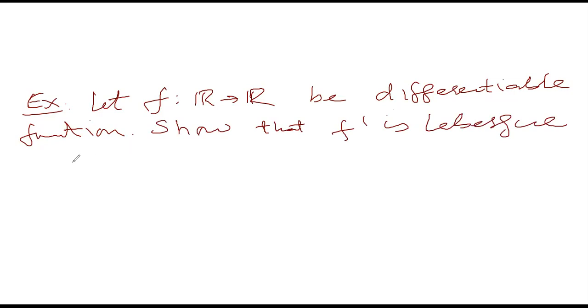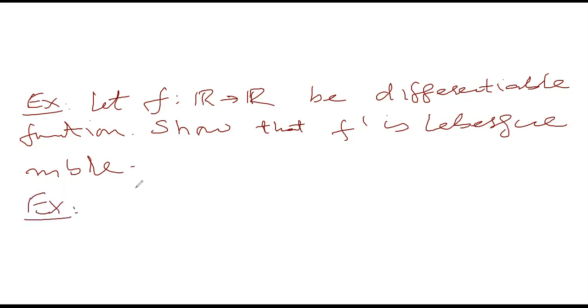But this result is not true for continuous functions. I mean to say that if f is a function from R to R which is differentiable, then f dash need not be continuous. So here is an exercise.